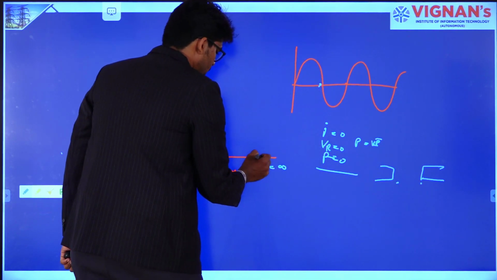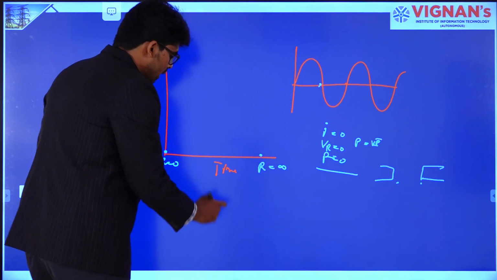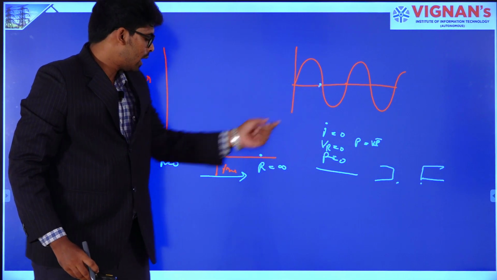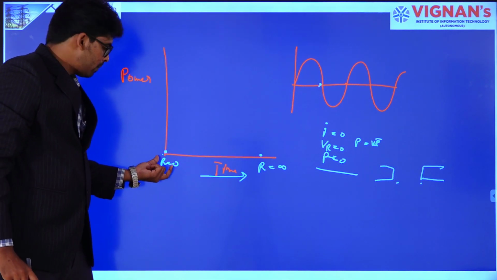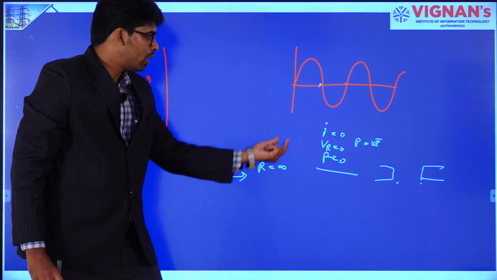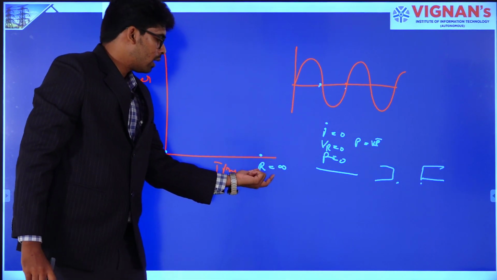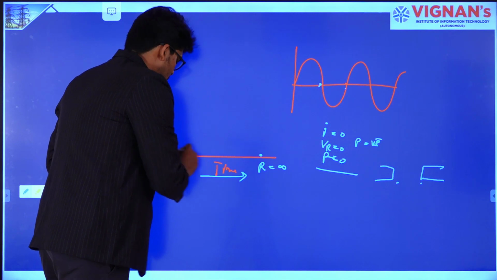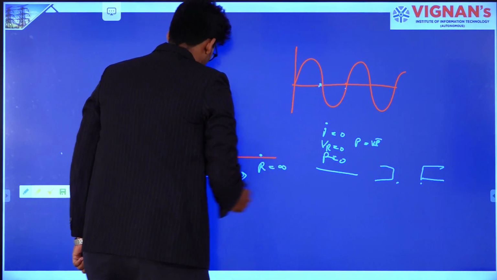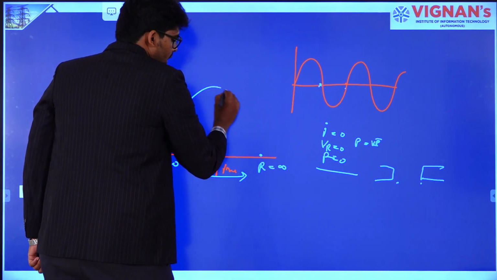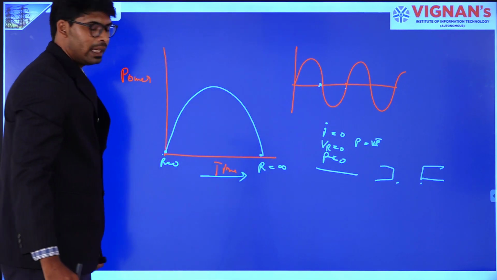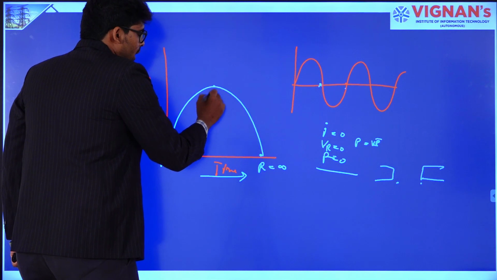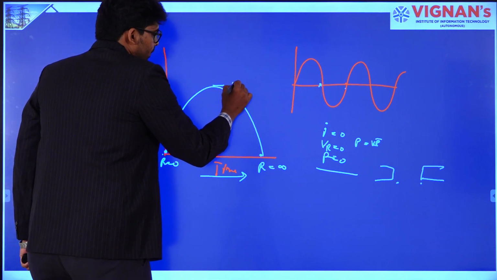In the process, at some point the contacts are removed. In between these two points, you will have a curve like this, and at this point maximum power occurs.